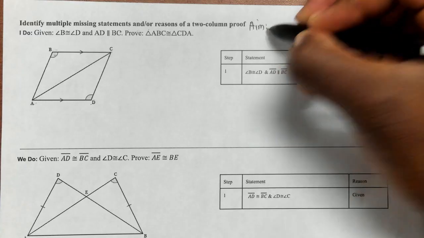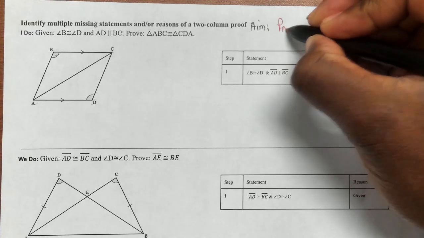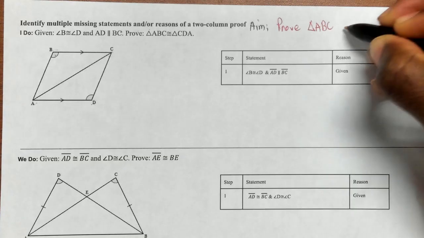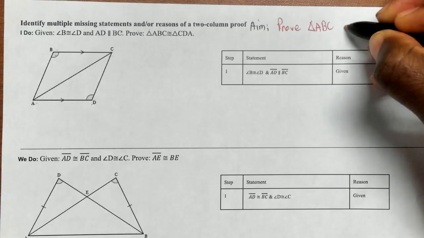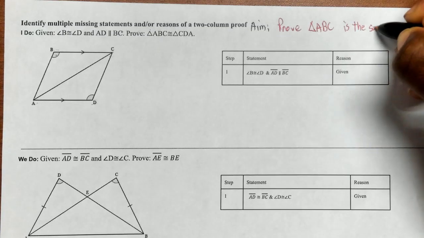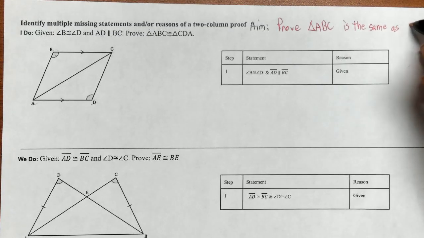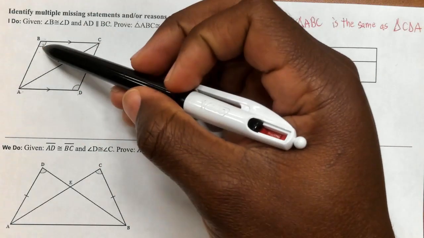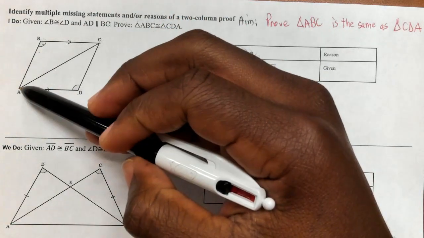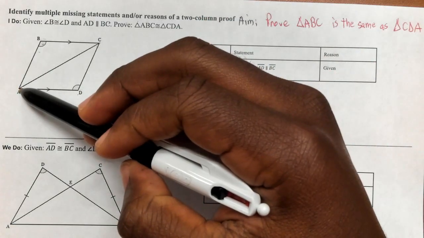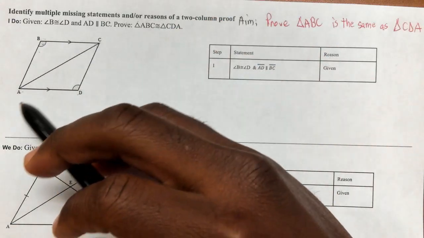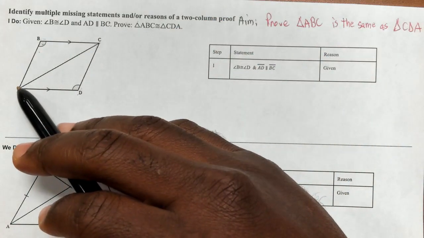So our aim is to prove triangle ABC is the same as triangle CDA. That's our job. We're given this right here. What we could do is realize that they share this line AC. Both triangle ABC and triangle CDA share this common line AC.